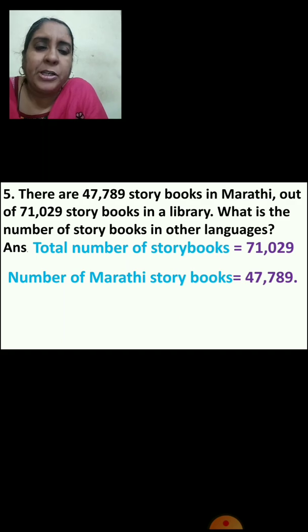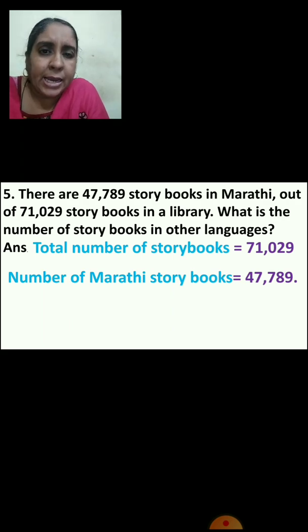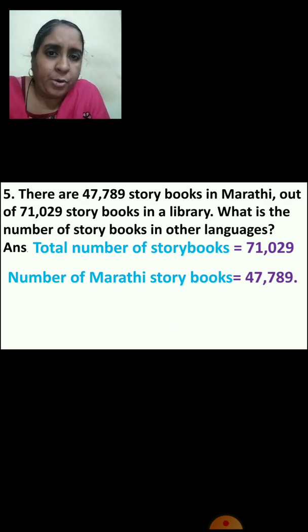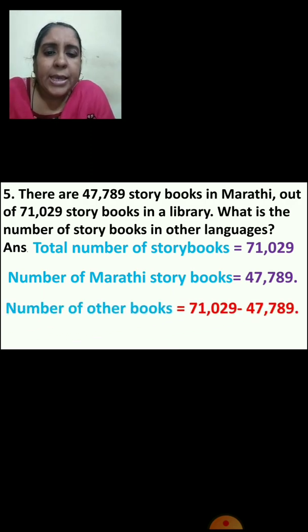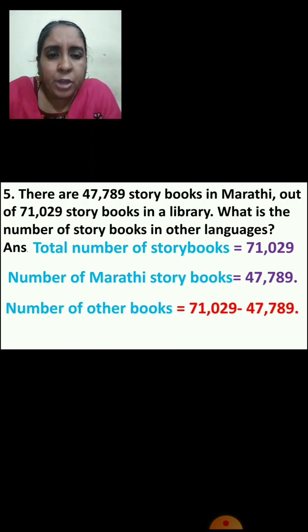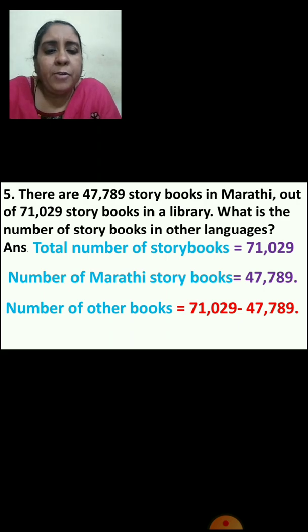How much is it? 47,789. Now what do we have to find out, right? What will be the third statement? Yes, number of other books. So 71029 minus 47789.